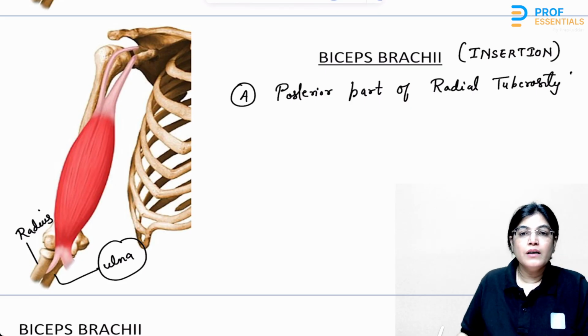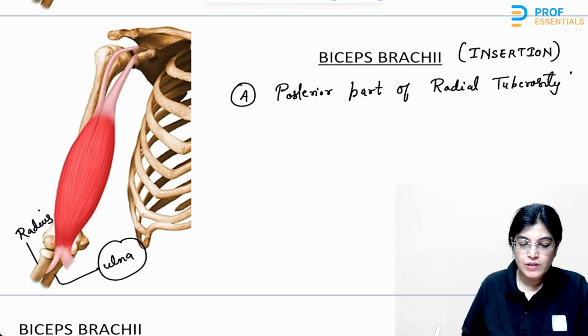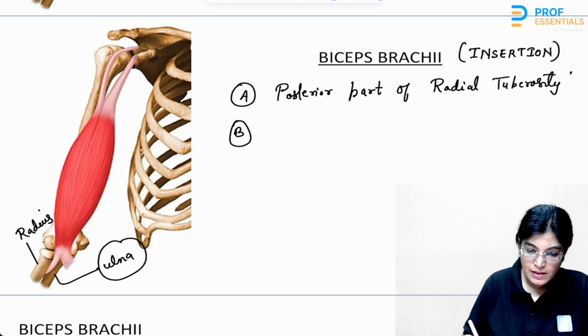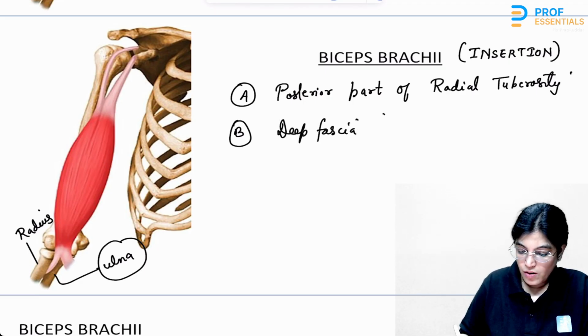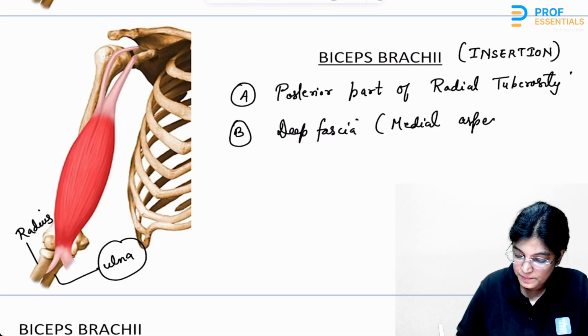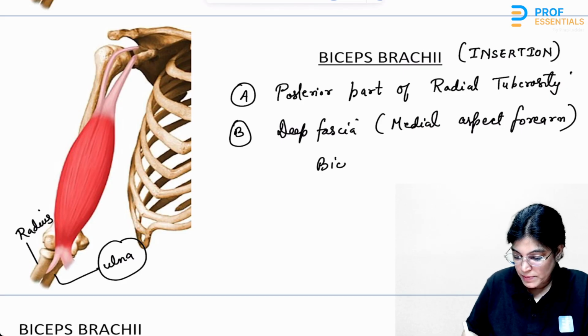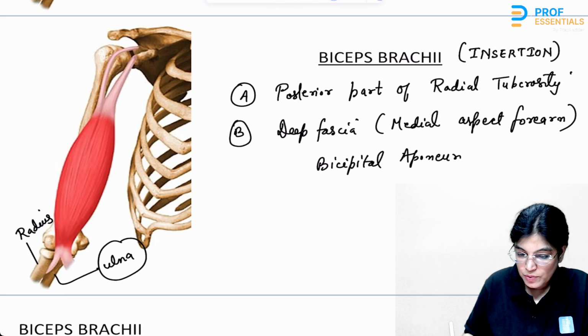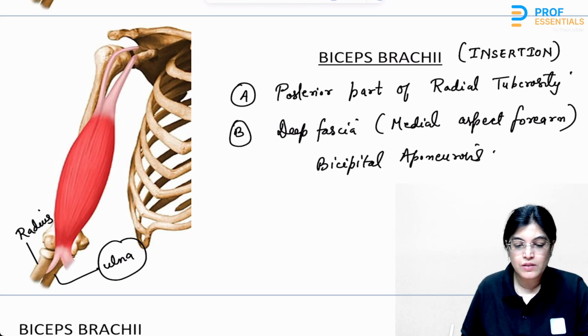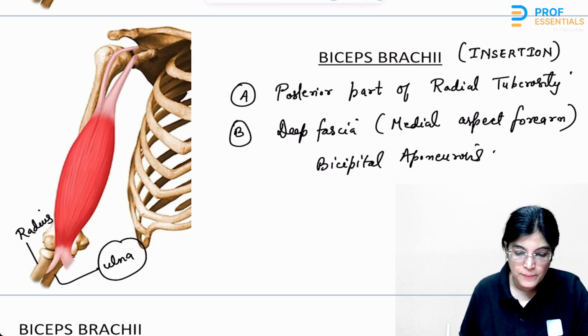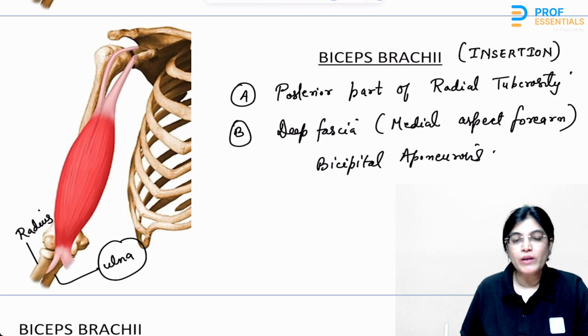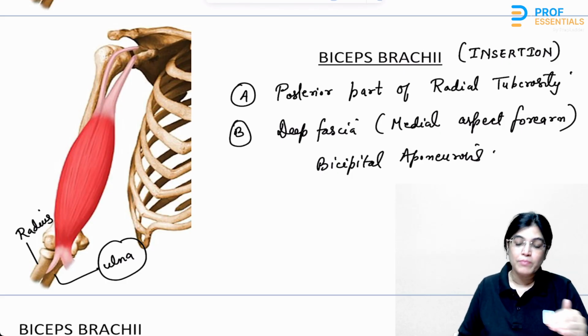Basically it inserts onto the radial tuberosity, and also as deep fascia on the medial aspect of the forearm, in the form of the bicipital aponeurosis, and this aponeurosis traverses towards the ulna, as you can see in the diagram.